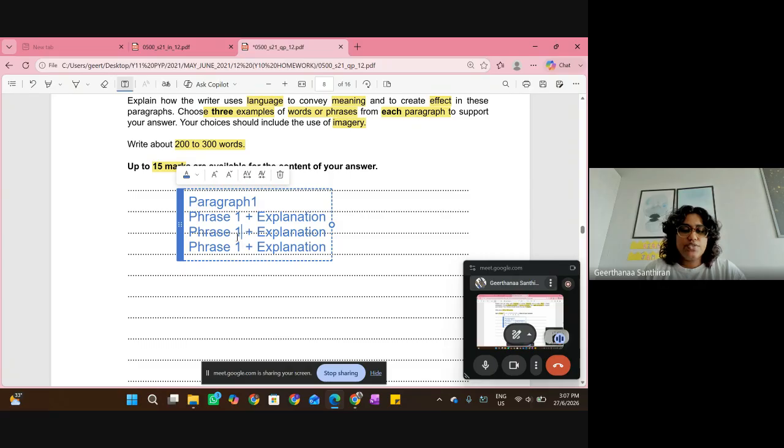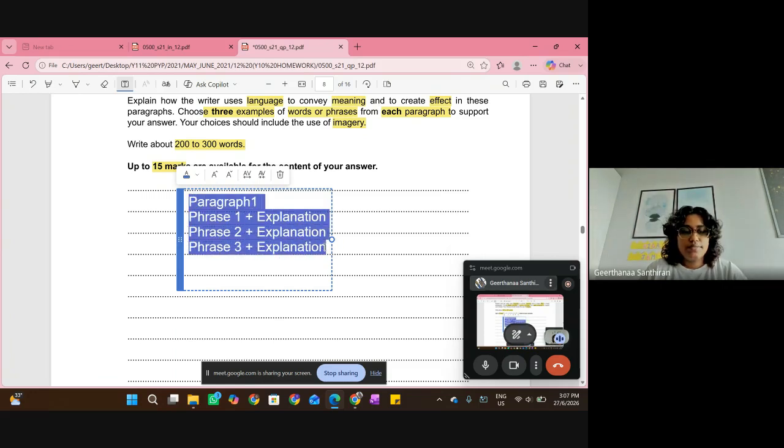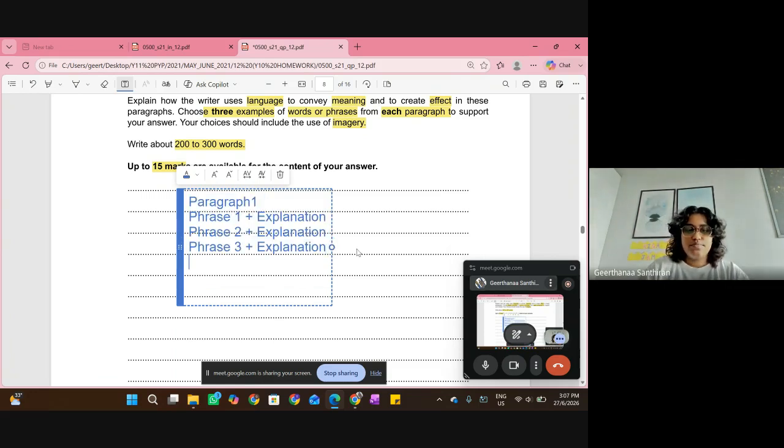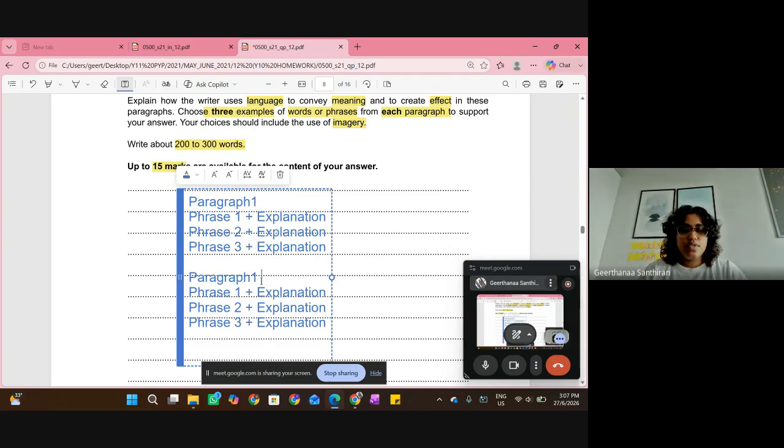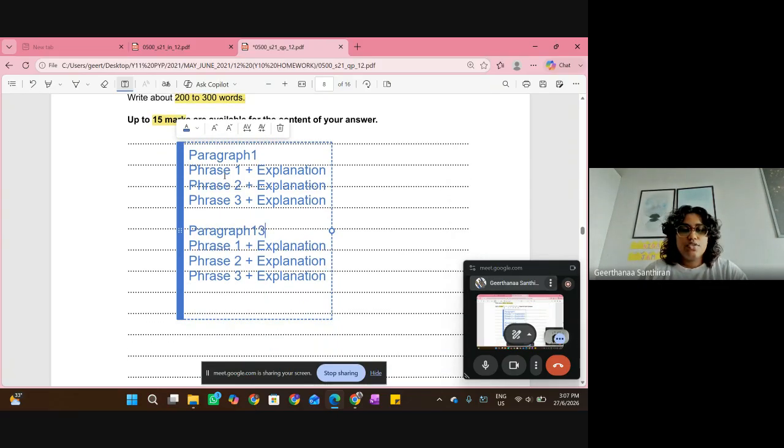So it will be phrase 2, phrase 3, and you do the same for the next paragraph. In this case, it's paragraph 13. So let me just copy paste. Okay, paragraph 13. So 2, 4, 6, 6 marks here, 6 marks here. So that's a total of 12 marks.